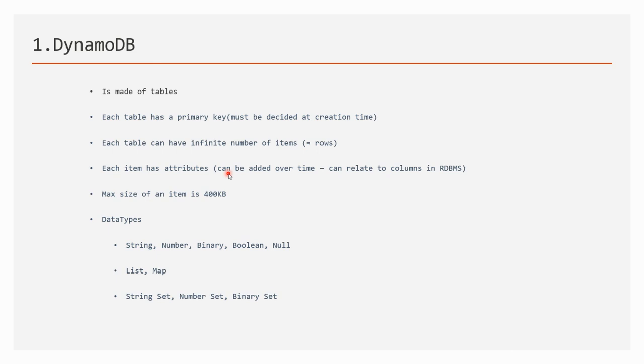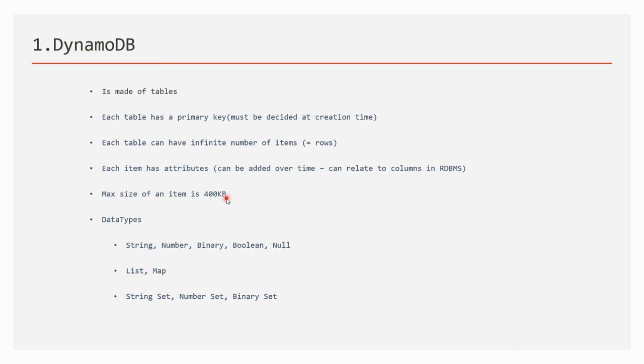We can add attributes into the table when and where we like. And some items, some attributes may be null. These things are all possible with DynamoDB. The maximum size of an item is 400 KB. Usually it is textual data that we are going to put into each of these items, and each item has attributes and can be up to 400 KB. That means a massive amount of data can be put into each of these items.